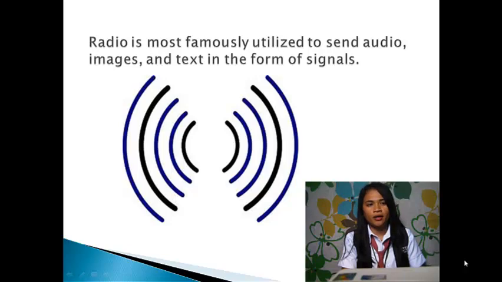For the low power single frequency, the normal operating range of these devices is 20 to 25 meters. The high power single frequency is similar to low power single frequency, but these devices can communicate over greater distances.